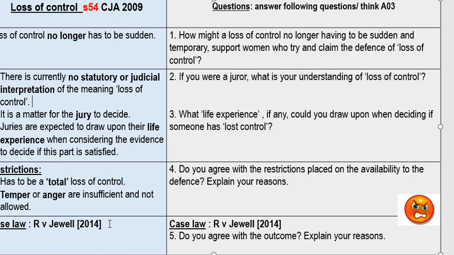So in this case, the defendant had shot B with a shotgun and then fled the scene in his car. Now, on trial, he told the jury that he had suddenly lost control because the victim had been threatening him. However, when he was arrested and his car was searched, the police had found clothes, a tent, a passport, a checkbook, and he'd even asked his neighbour to look after his cat.